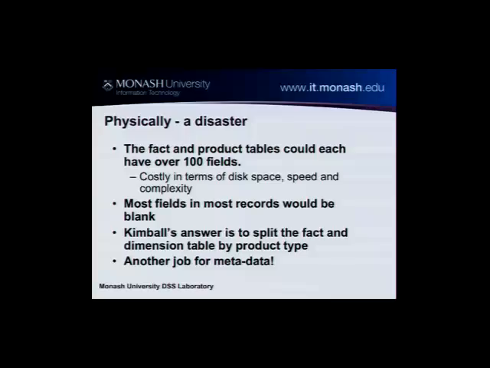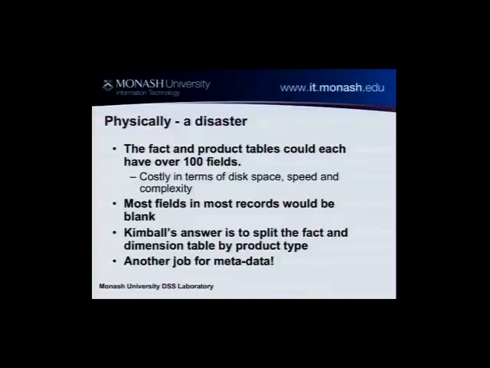So one approach is to actually split these up into separate fact tables for each different kind of product or dimension member. Now I've got there another job for metadata. I've obviously reused this slide from a different presentation. But metadata allows us to map the physical split of these separate products and fact tables, so that from the user's perspective they see only one unified structure.